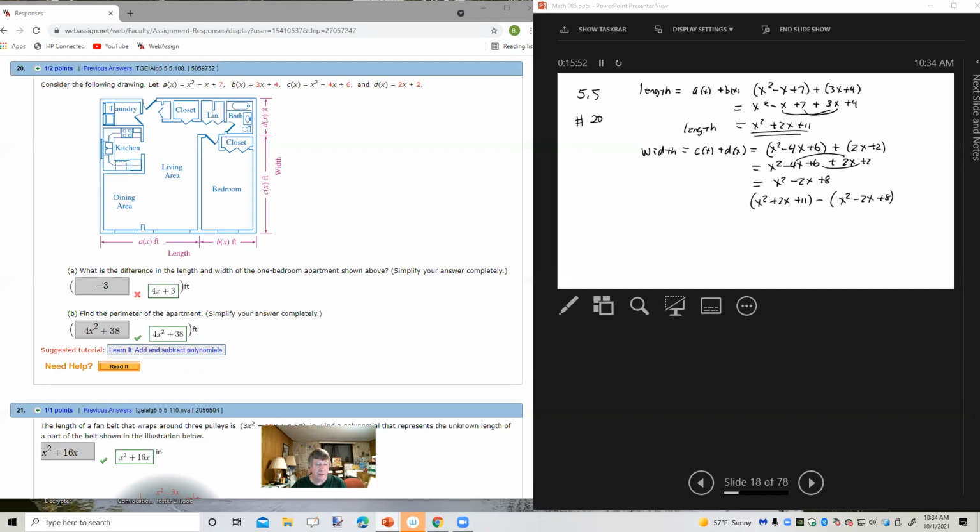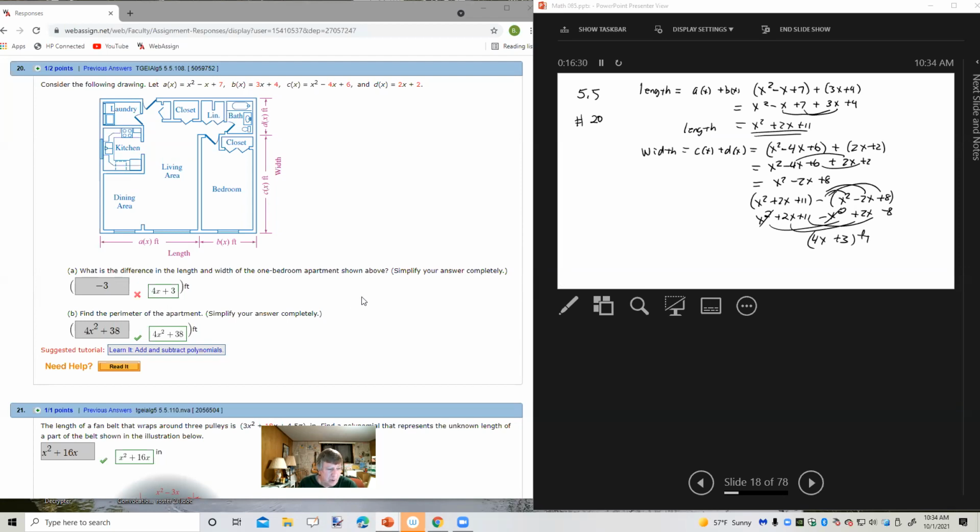It's especially critical that I group the second polynomial because we're going to subtract the whole second polynomial, which means that I need to distribute the subtraction sign. Now, combining like terms, those would cancel. We get 4x plus 3, and that is in units of feet. So the answer down here, part A, should be 4x plus 3. Any questions about that particular example?